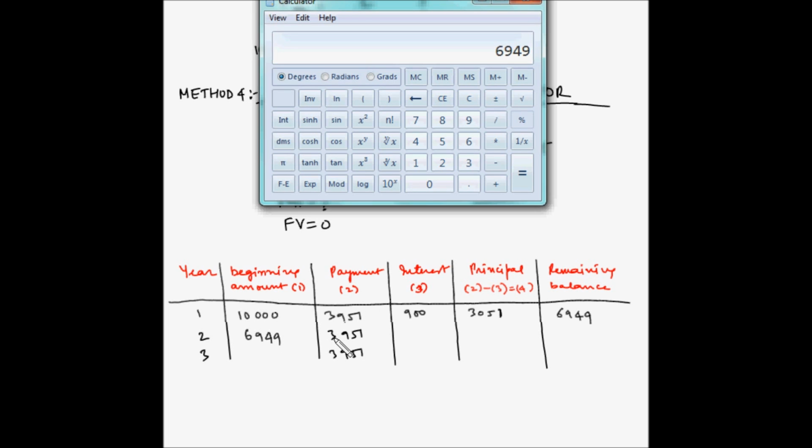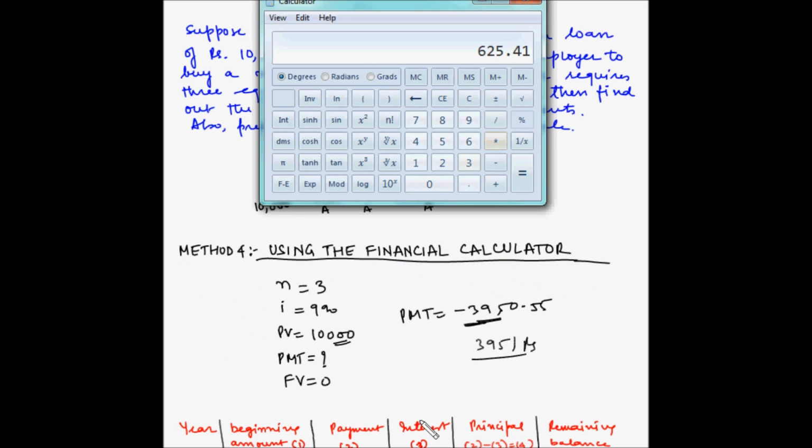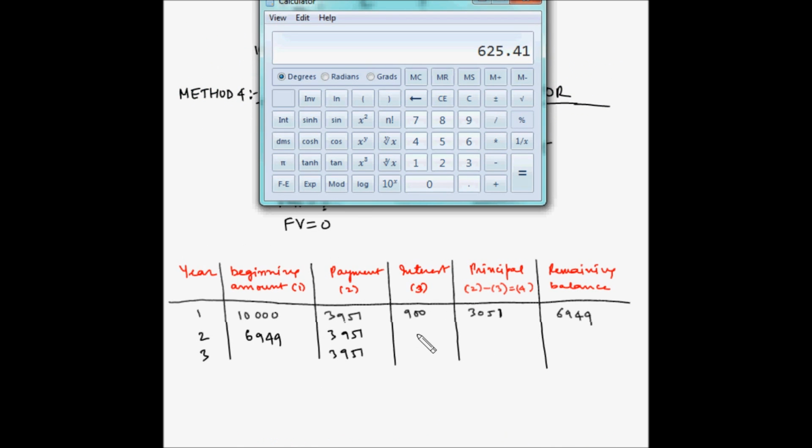Payment is the same, 3951, because that is the yearly installment. Now interest is 9% of the beginning amount of that year. So 6949 into 0.09. So 9% of 6949 is 625.41 rupees.